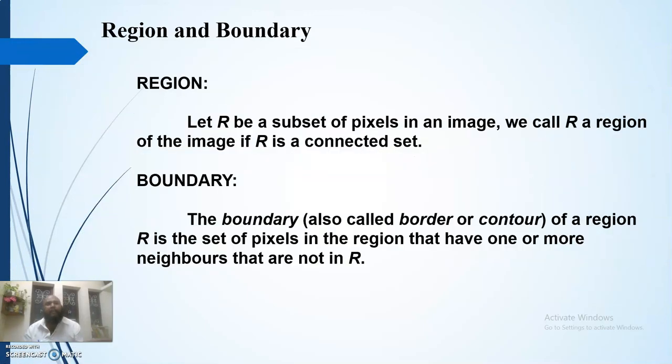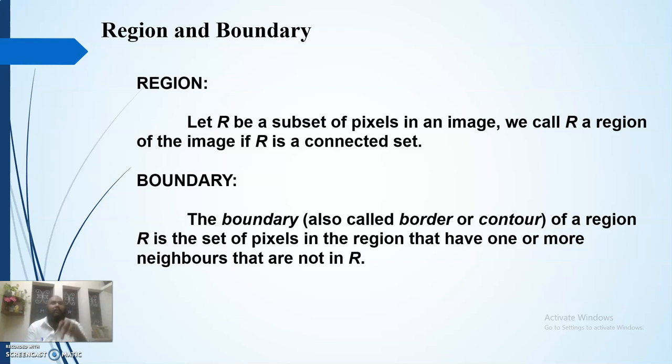Next, saying about region in relationship of pixels. The important topic is regions. So what is a region? The test pixel having some relation with neighbors, that is adjacent pixels, forms a group or a set called a region.